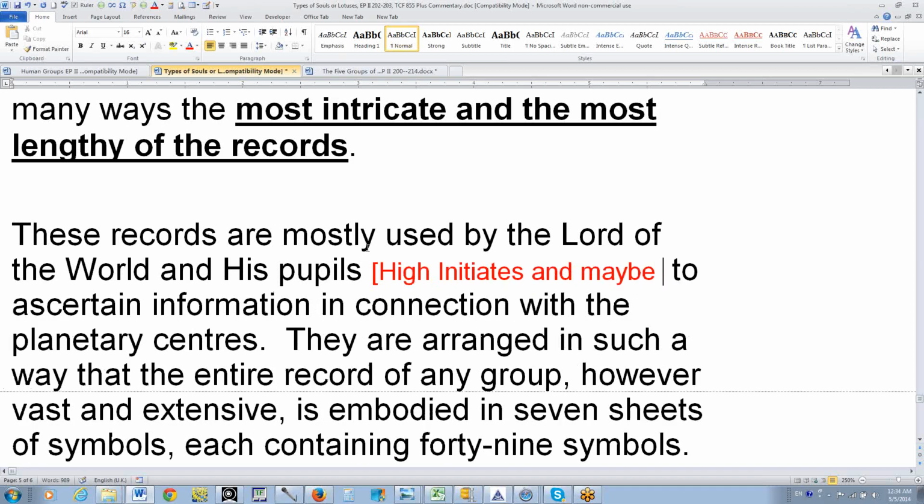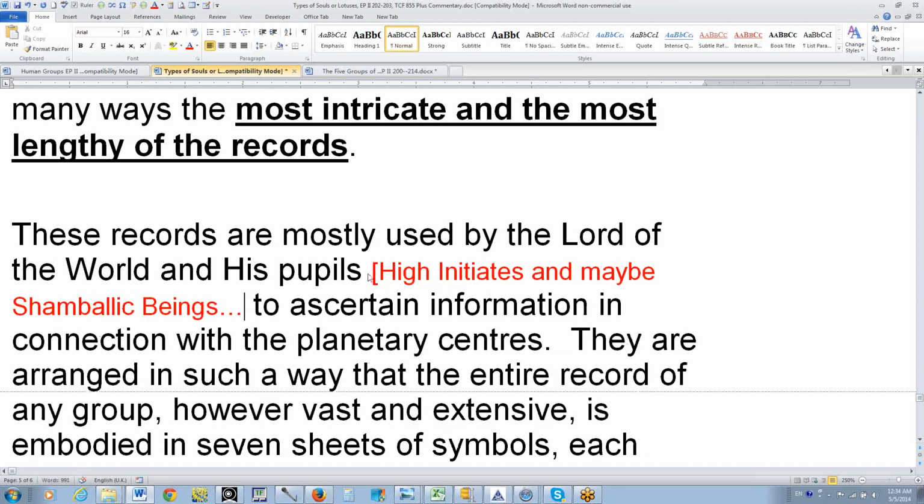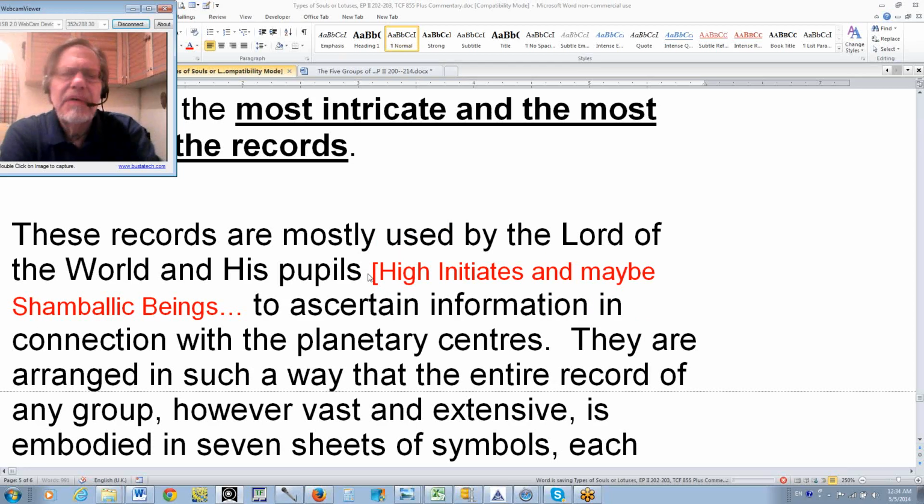and maybe Shambhalic beings. But to a certain extent, if the hierarchy is the ashram of the Lord of the World, then all the members of the hierarchy are pupils, in a sense, of Sanat Kumara, although those lives that are in Shambhala and are lower than the Lord of the World, and that's almost all of them, but there are certain representatives from other places which might be quite high in their development.